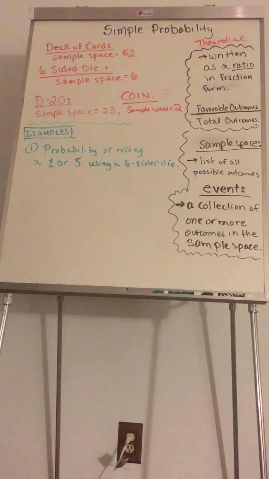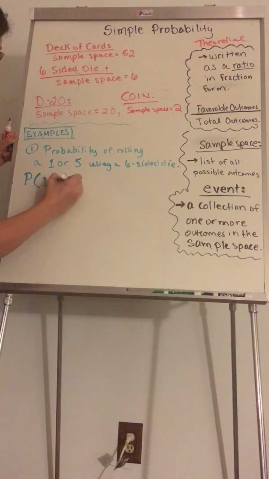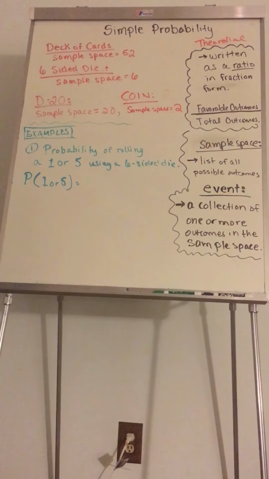Let's figure that out. Another way you're going to see this written is P, which means probability, parentheses 1 or 5, of a 6-sided die. That's how you'll see probability written.